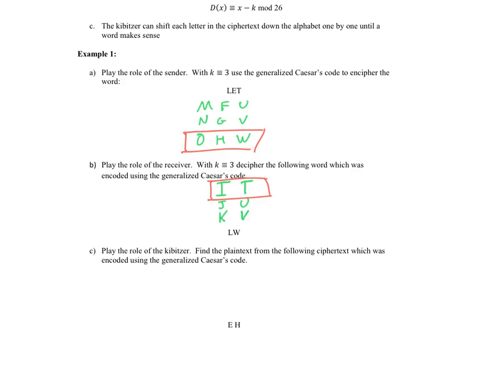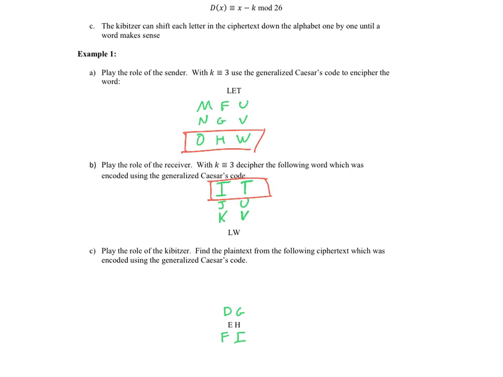So now we'll play the role of the kibitzer. What the kibitzer could do is just continue shifting letters until they find something that makes sense. So let's shift some letters and see what we get. So D, E, F, or G, H, I. Reading across, maybe we don't see anything just yet.